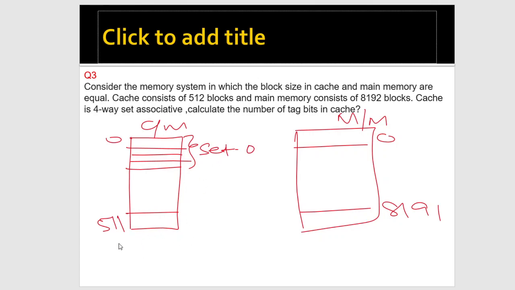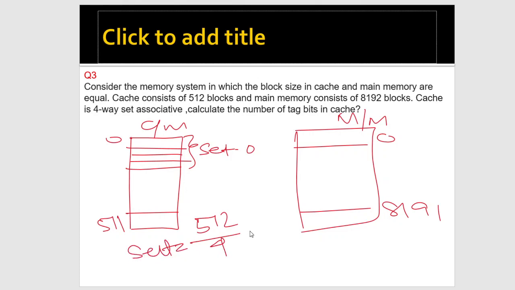So how many sets are there? 512 blocks, and blocks per set is 4, so 512 by 4 is the number of sets.